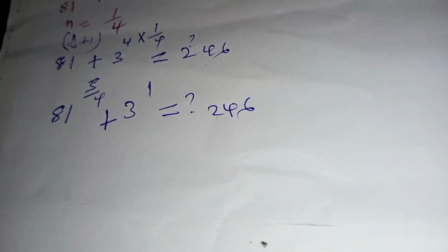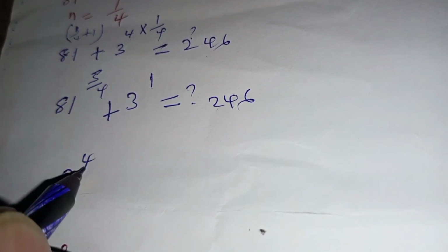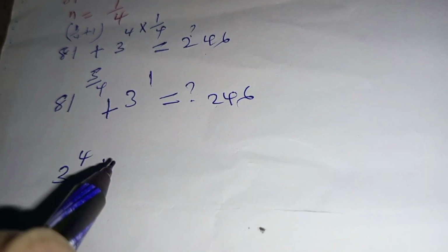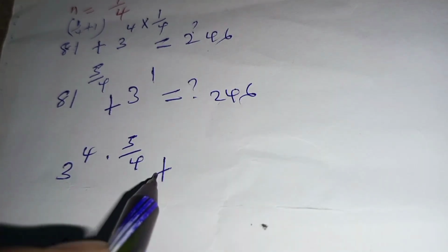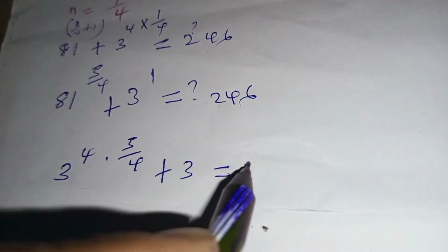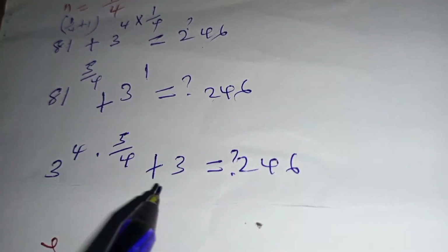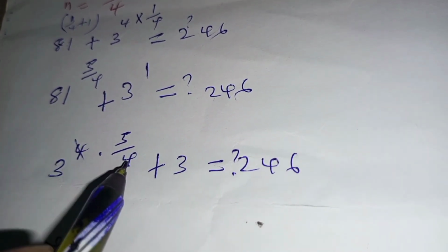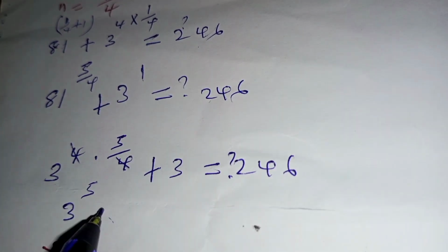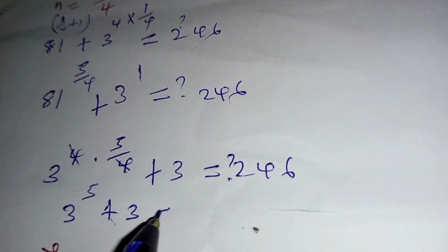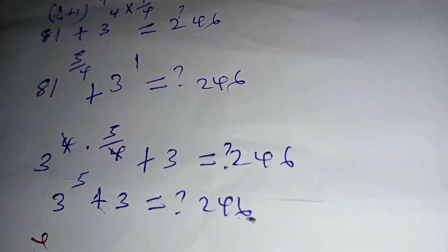Now we found out that 81 is the same as 3^4, multiplied by 5/4, plus 3, because 3^1 is 3. So here the 4 cancels and we are left with 3^5 plus 3. Is it equal to 246? That's what we're interested to know.